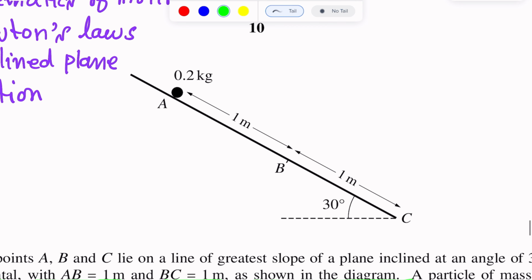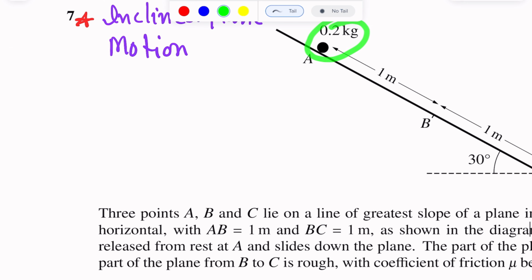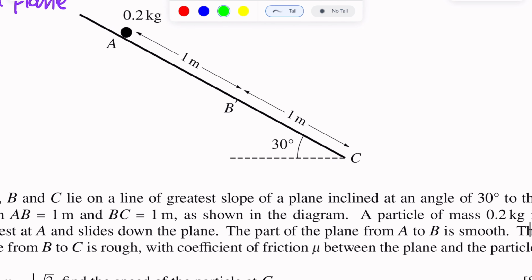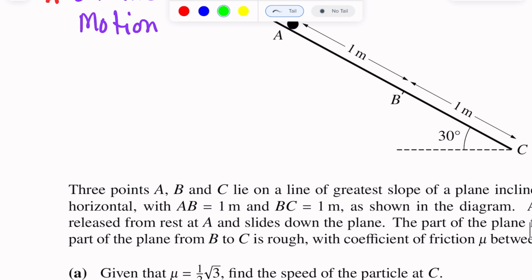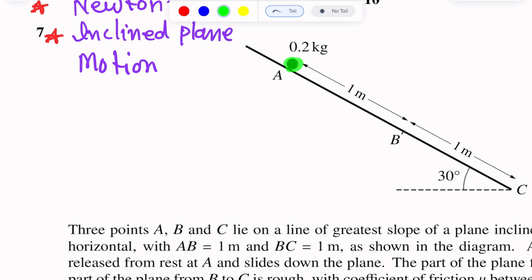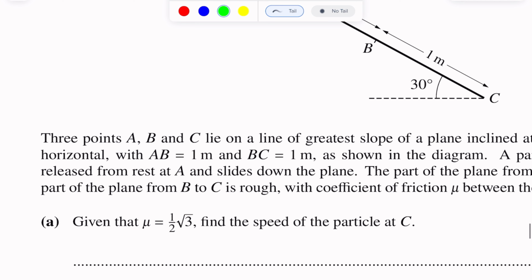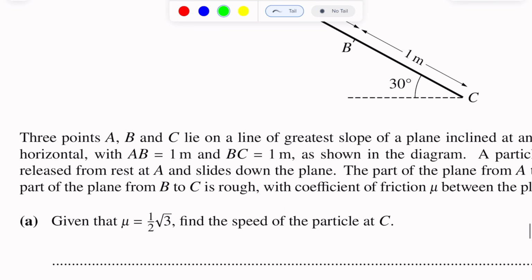These are 3 points A, B, C. AB is 1 meter, BC is 1 meter, angle with the horizontal is 30 degree. The mass of the particle is 0.2 kg.